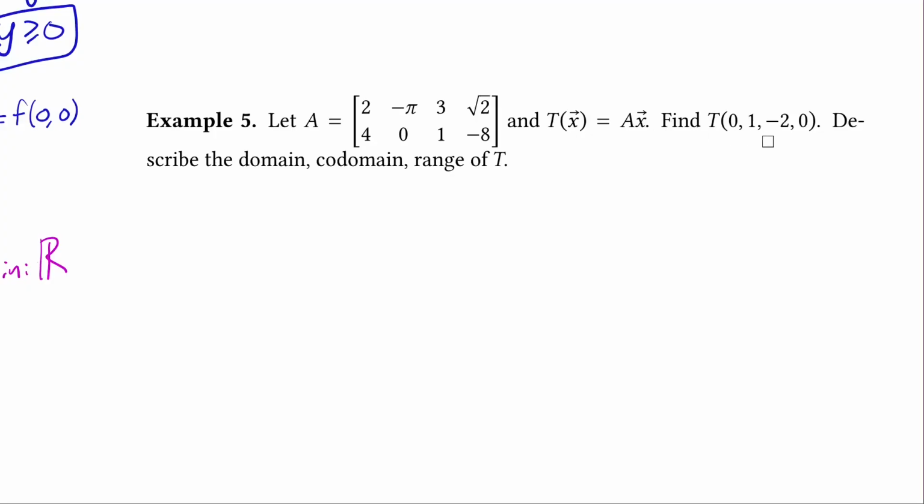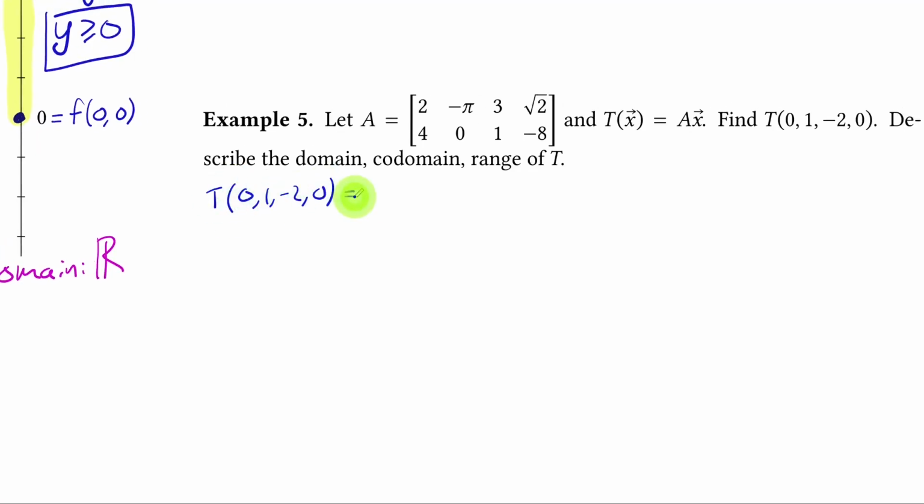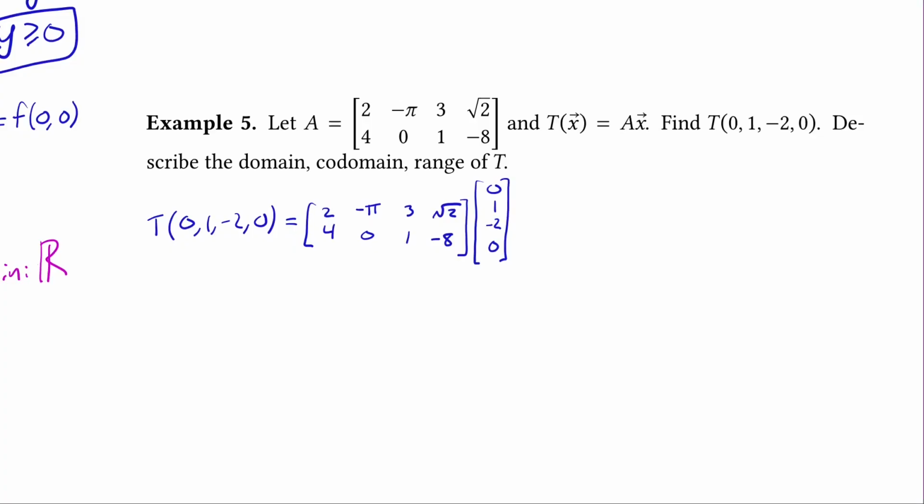Let's find T of (0, 1, -2, 0). And remember that (0, 1, -2, 0), that ordered quadruple of numbers, is just another way of writing the vector (0, 1, -2, 0).